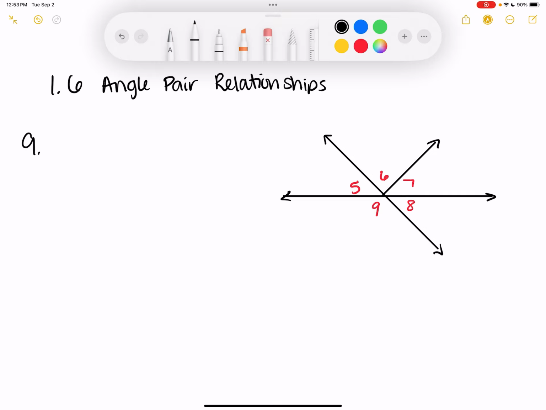Are angle 5 and angle 9 a linear pair? Okay, so angle 5 is here, 9 is here. They make a straight line, so these ones would be.